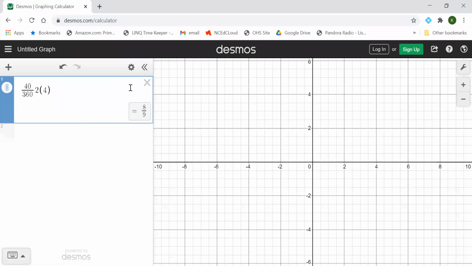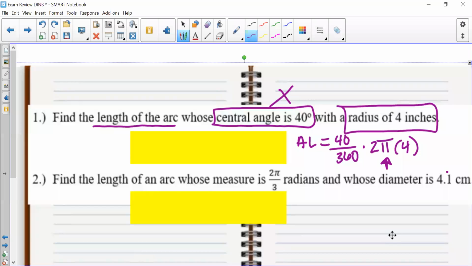If I type everything but the pi in, I get 8/9. Remember, we still have to multiply by pi, so it would be 8 pi over 9. So 8/9 and then times pi.